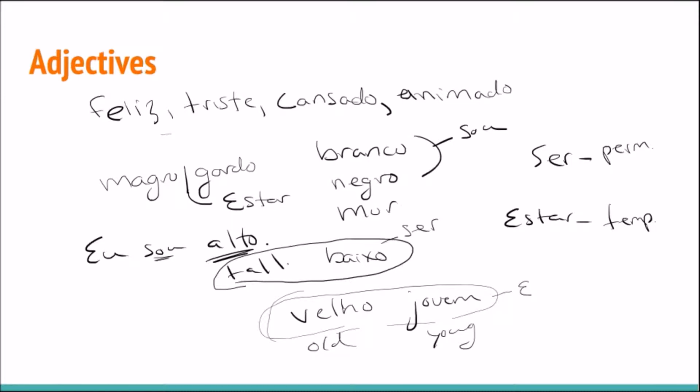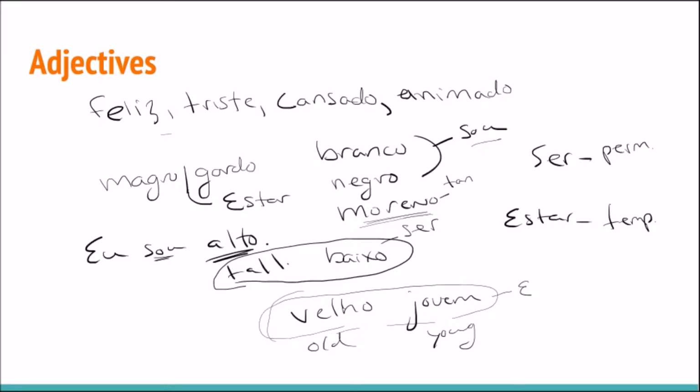You could also have moreno, which would be like a tan or brown, I guess you can say. So the majority of Brazilians would probably classify themselves as moreno. So for those you would use eu sou, because that is not something that changes. Skin color doesn't really change. That's what you are. That is how you are.